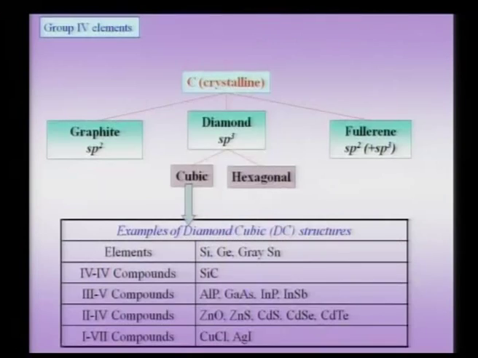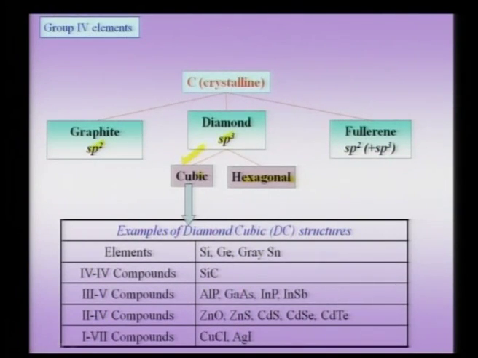If you look at the crystalline forms of carbon, as I said, there is graphite, which is sp2 hybridized, and diamond, which is sp3 hybridized. Of course, there are two forms of diamond, the cubic and hexagonal form. We will basically focus on the cubic form, and we have already done so in considerable detail before, so today this will be just a revision of the previous considerations.